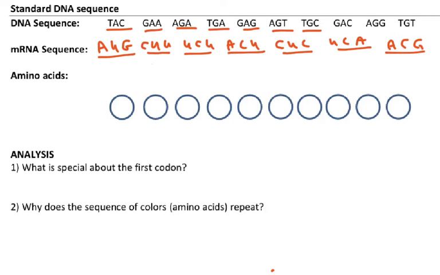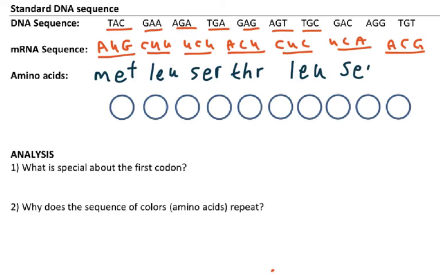Using the codon chart, AUG codes for MET, CUU codes for LEU, UCU codes for SER, ACU codes for, we'll just put THR here for short, CUC codes for LEU again, UCA codes for SER again, and ACG codes for THR.